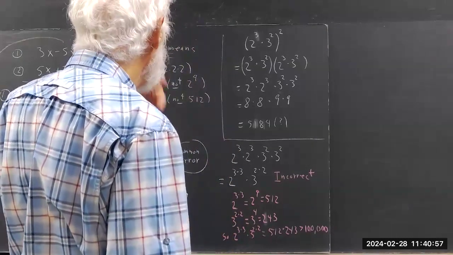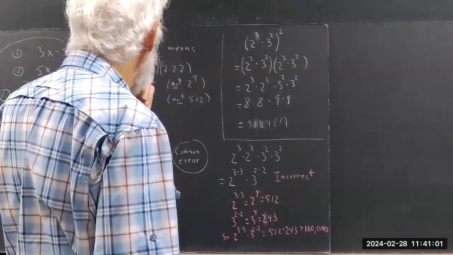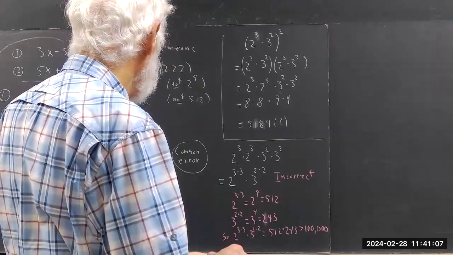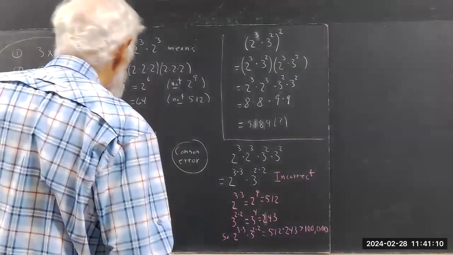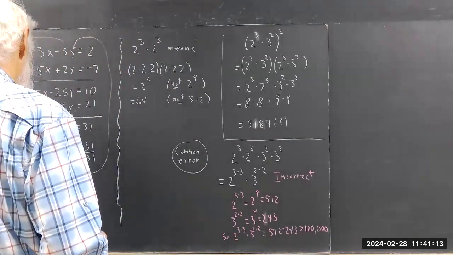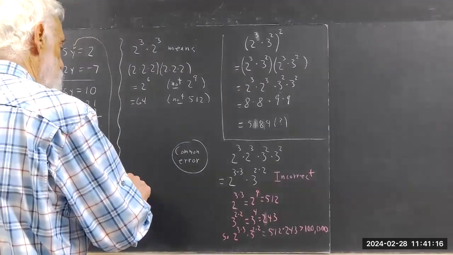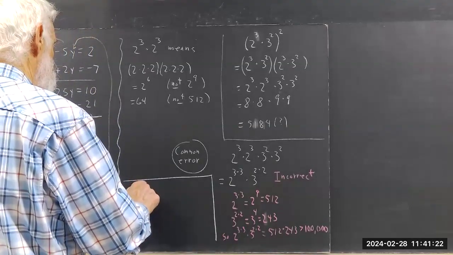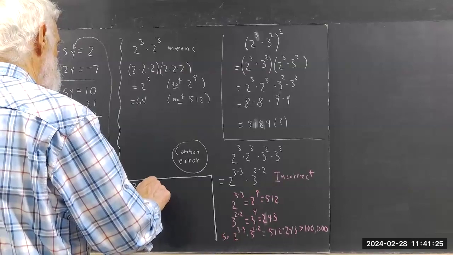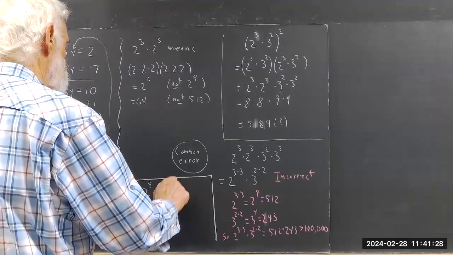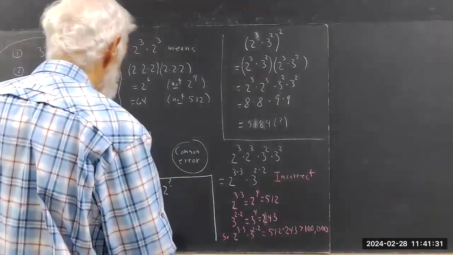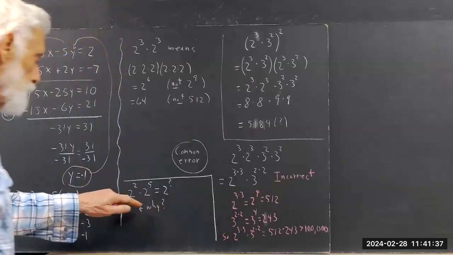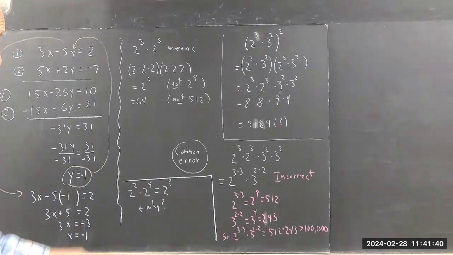More about that. This board's too long. Two to the second times two to the fifth equals two to what power?